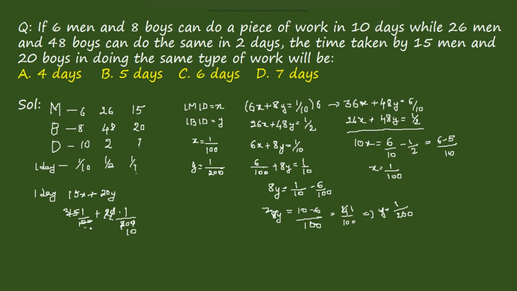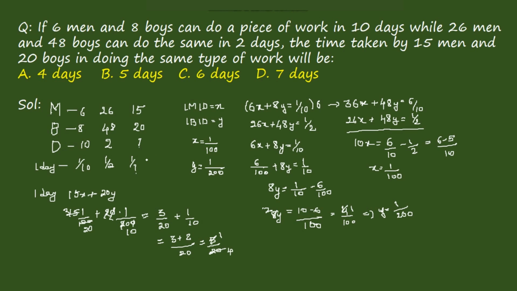This becomes 20, which is equal to 3 by 20 plus 1 by 10, which is equal to 3 plus 2 by 20, which is equal to 5 by 20, which is 1 by 4.